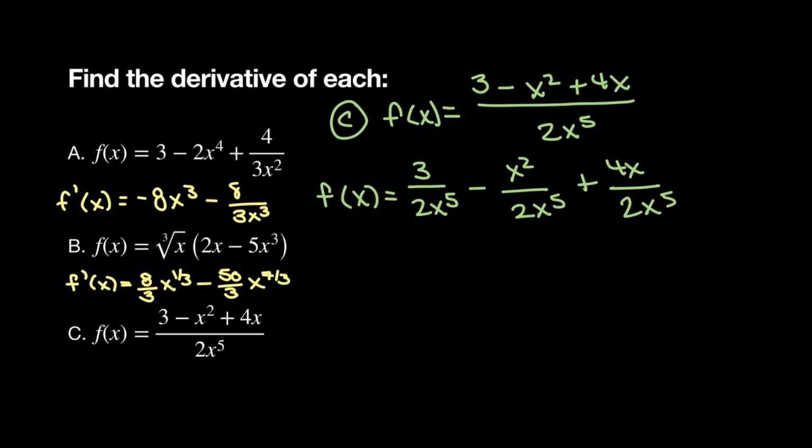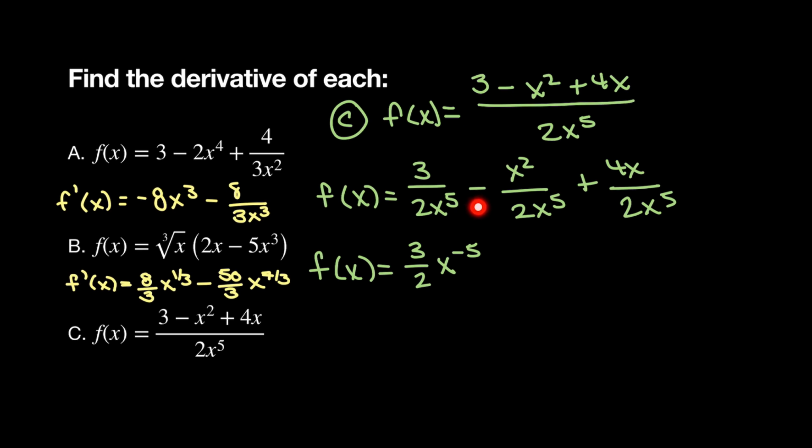So what we can do here is take each term and divide by the 2x to the fifth. So I have 3 divided by 2x to the fifth, minus x squared divided by 2x to the fifth, plus 4x divided by 2x to the fifth. For the first term, we've got 3 halves, and then I'm just going to take that x to the fifth, move it up, and it becomes an x to the negative fifth.